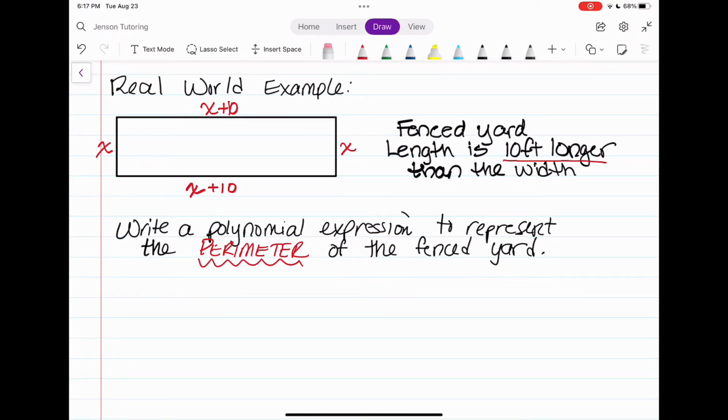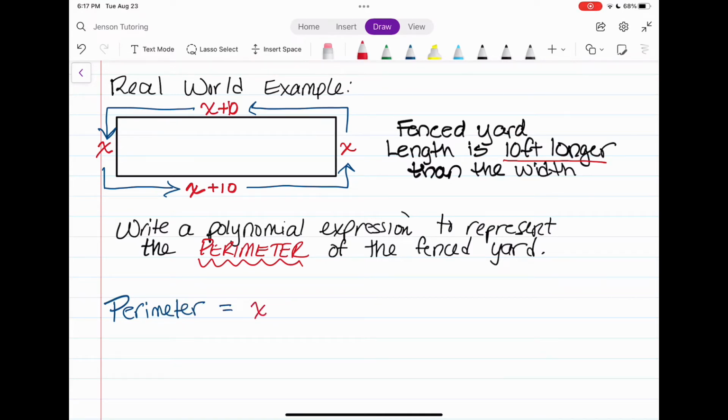So we just want to start at one point, it doesn't really matter where, and just add up all of our terms. And then we're going to write an expression for the perimeter. So we have x plus 10 plus another x plus that last length, x plus 10, and we just combine our like terms.